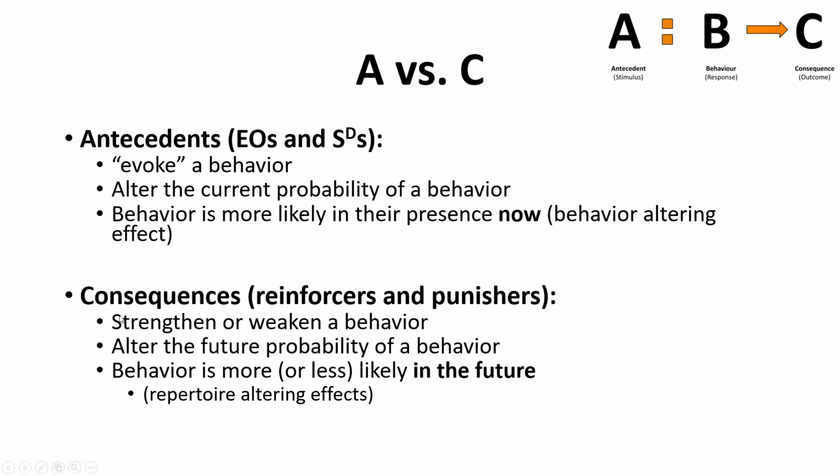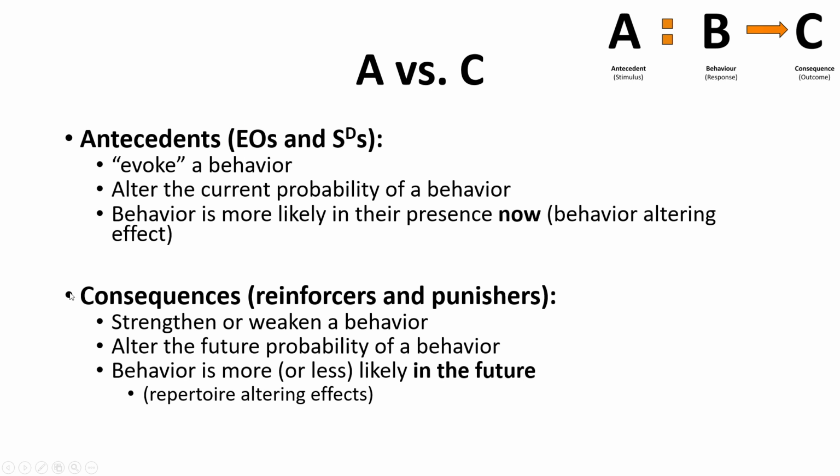And when we're differentiating between our antecedents and our consequences, like I said, antecedents are altering the current probability of a behavior. How likely is this behavior to occur right now while the current antecedent or discriminative stimulus is present, while you have the current motivational state that you do because of the EOs?